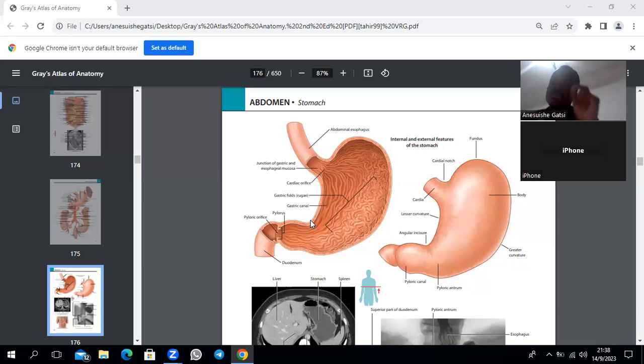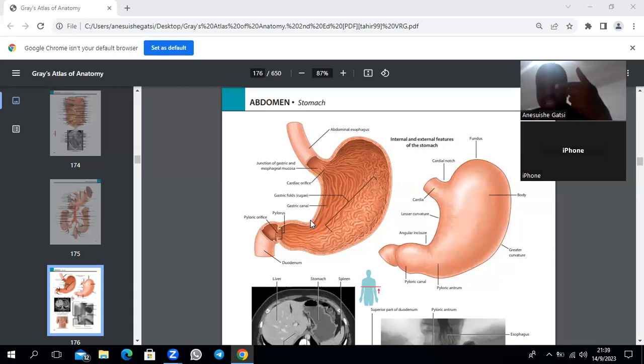The lesser omentum connects the lesser curvature of the stomach to the porta hepatis. Hepatic means liver. Porta, it's a port of entry. So the part where things enter the liver, as well as the fissure for the ligamentum venosum.